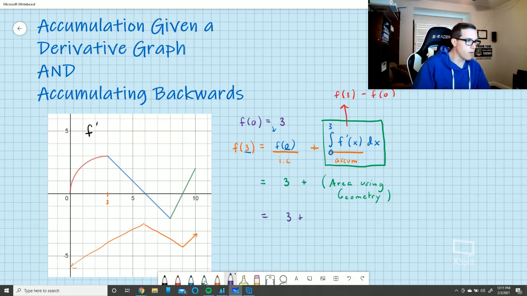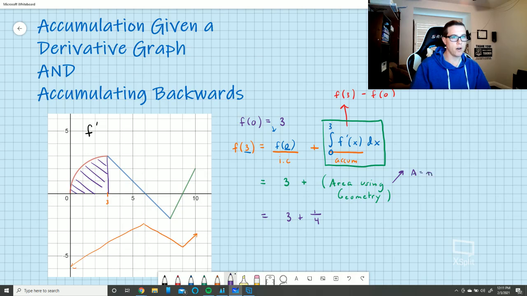I like to shade in what we're finding. So we're calculating this area under the function to accumulate the total. This is a quarter circle, so it's 1/4 of a circle. The formula for the area of a circle, by the way, in case you didn't know, is pi r squared. So a quarter circle is just a quarter of that.